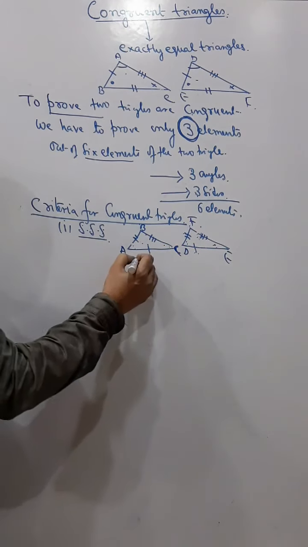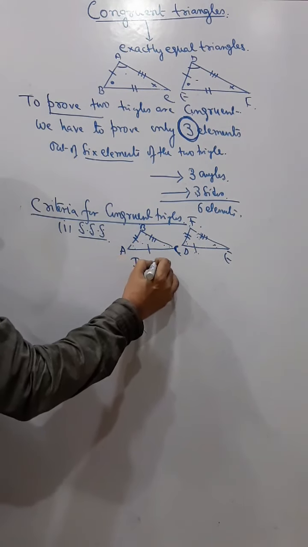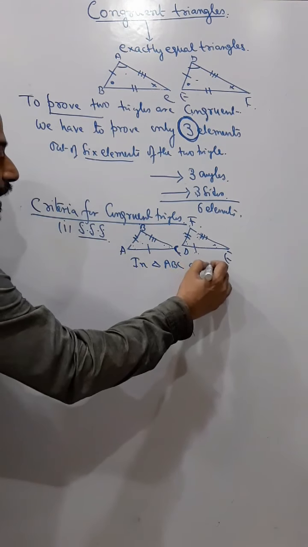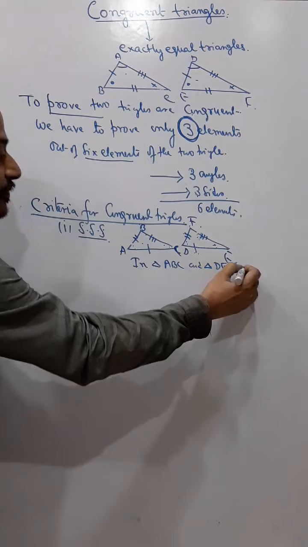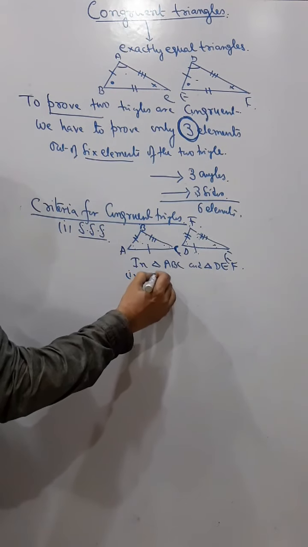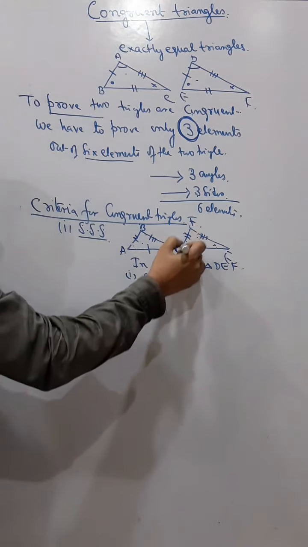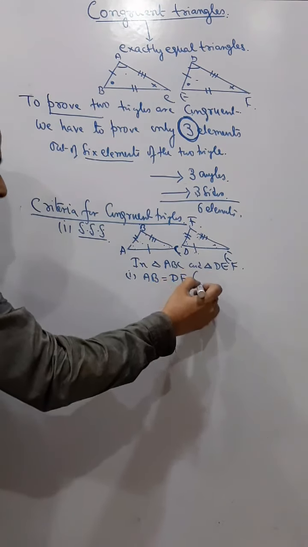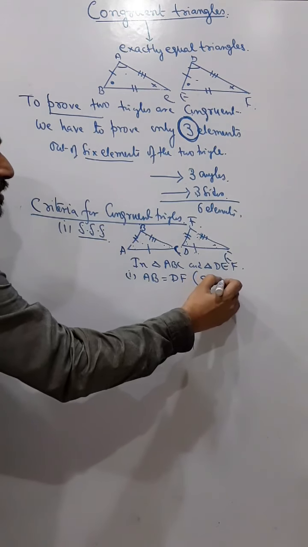How do we prove that? We write it like this. In triangle ABC and triangle DEF, number one, AB is equal to DF, and then we write the reason. Suppose it is given.